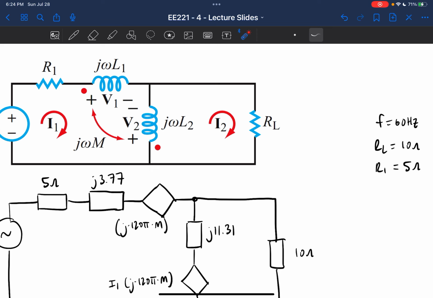I need to account for both of those when I write this mutual inductance, because it's not just I1 or just I2; it's a combination of both. From the perspective of the second coil, we have to see how that shakes out so that we get the polarity right, and determine whether it's I1 minus I2 or I2 minus I1.